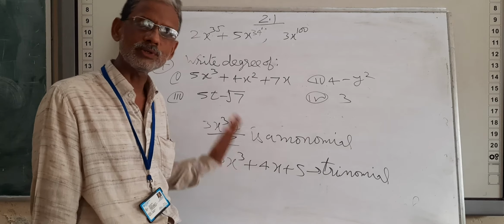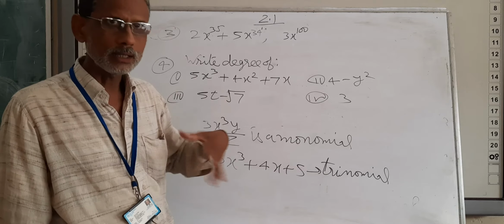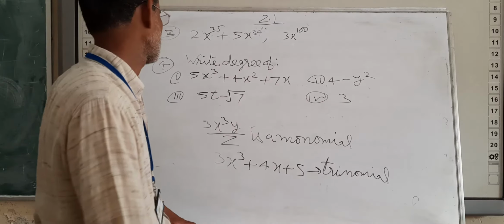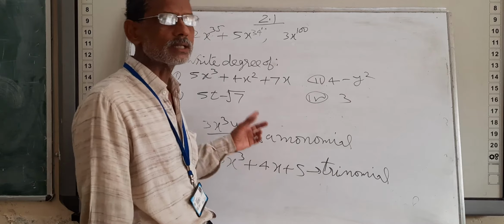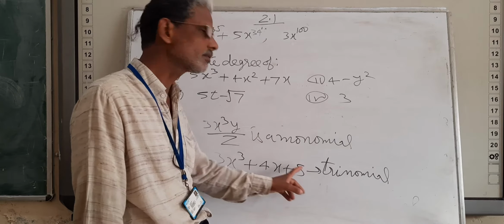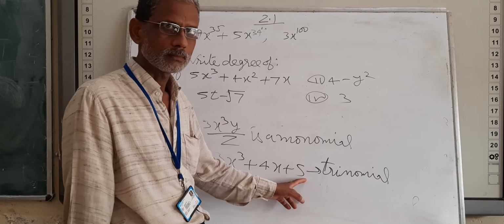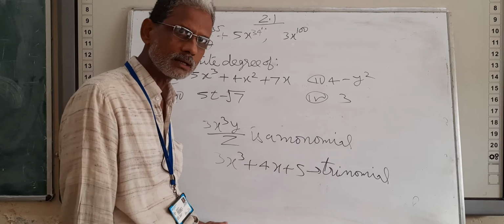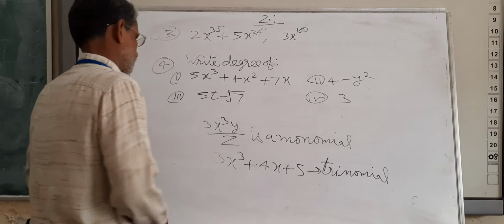After 3 terms, we simply say polynomial of degree. Clear? This categorization is on the basis of the number of terms. Monomial, binomial, trinomial. Clear? Thank you.